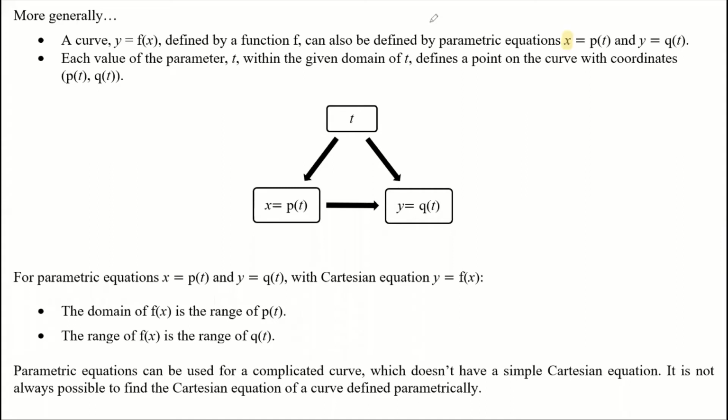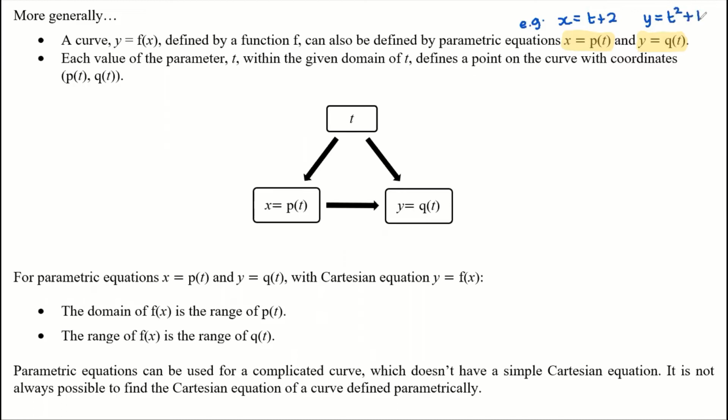Now, p is just a function of t, as is q. They're different functions, and in an example we've just looked at, I'll make a note of, we saw x was equal to t minus 2, or t plus 2, I should say, and y is equal to t squared plus 1.